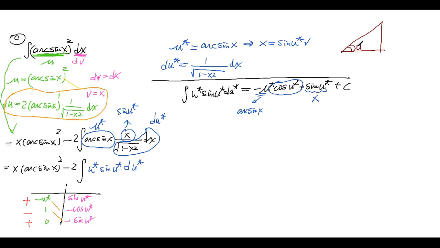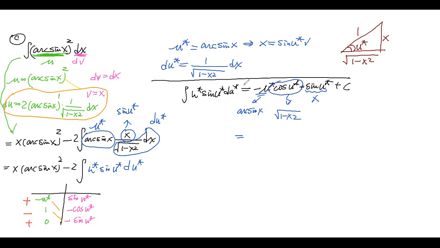If this is u star, sine is opposite over hypotenuse, which is x over 1, correct? And then by the Pythagorean theorem, what is this side here? This is the square root of 1 minus x squared. So now I know the cosine u star is the square root of 1 minus x squared.